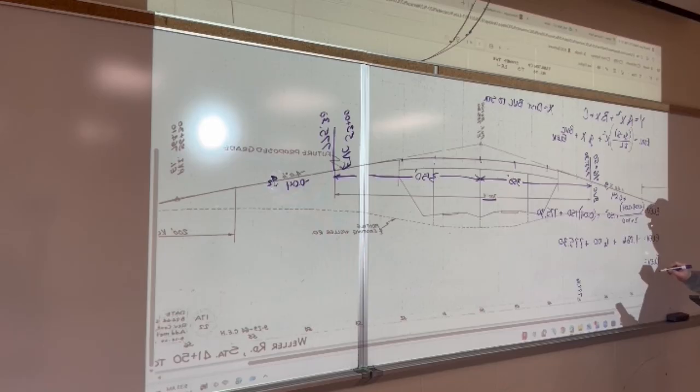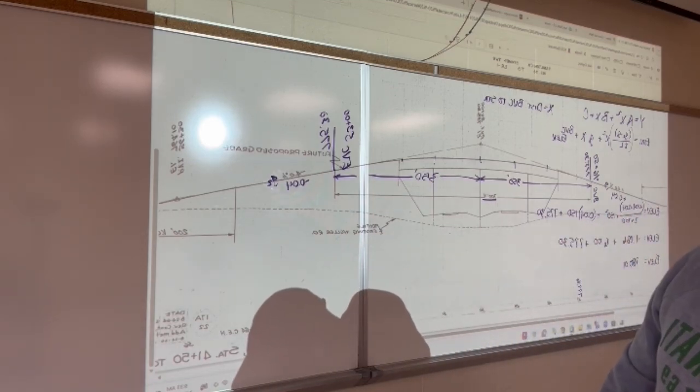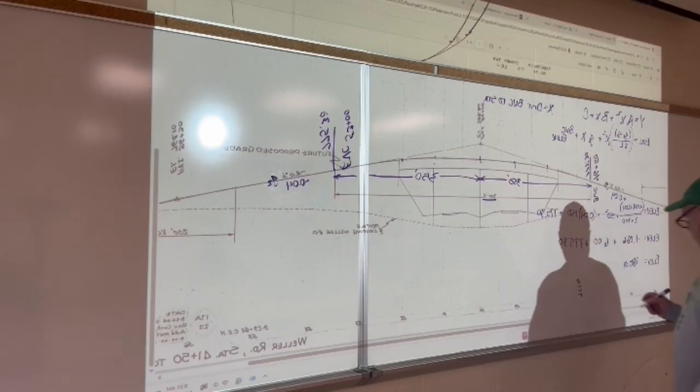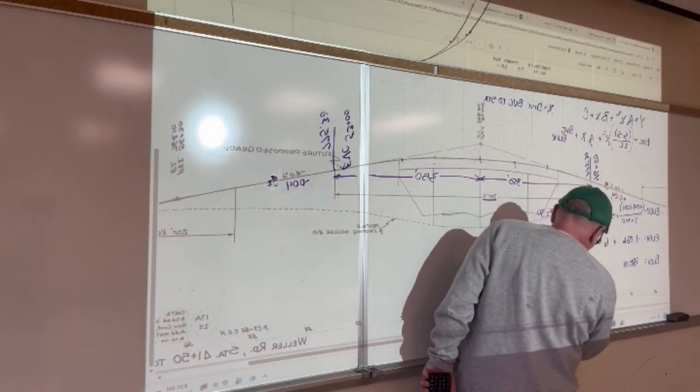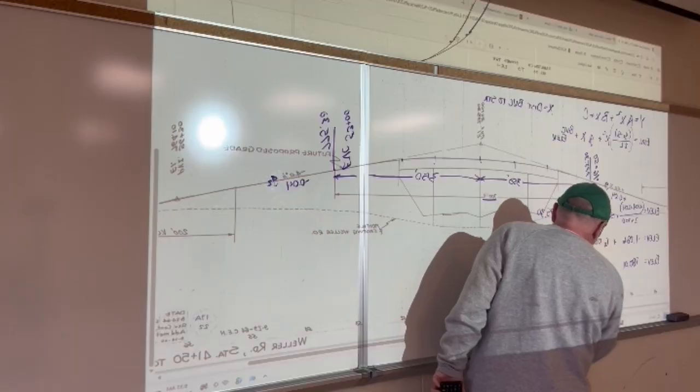That seems kind of weird. That doesn't sound right. 780.01. Nope, that is what I got too. Okay, so for station 48 plus 00, we would say 780.01.